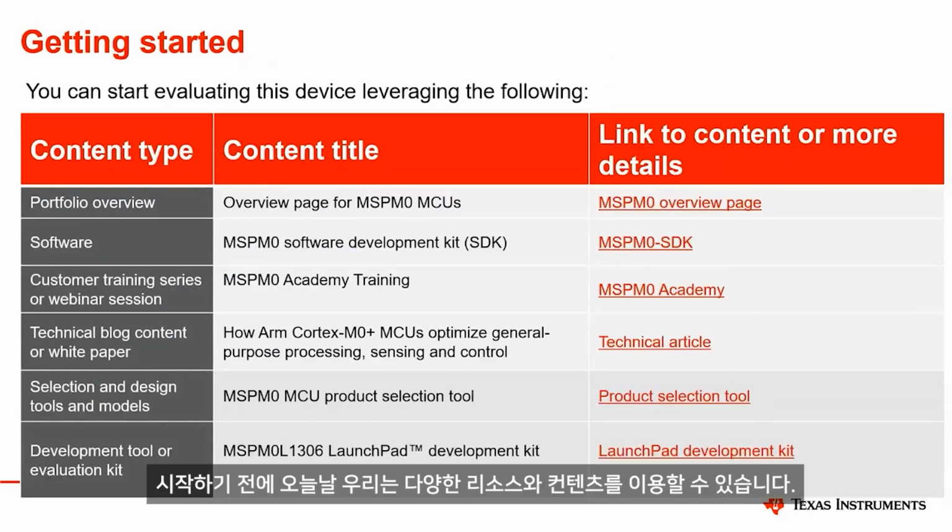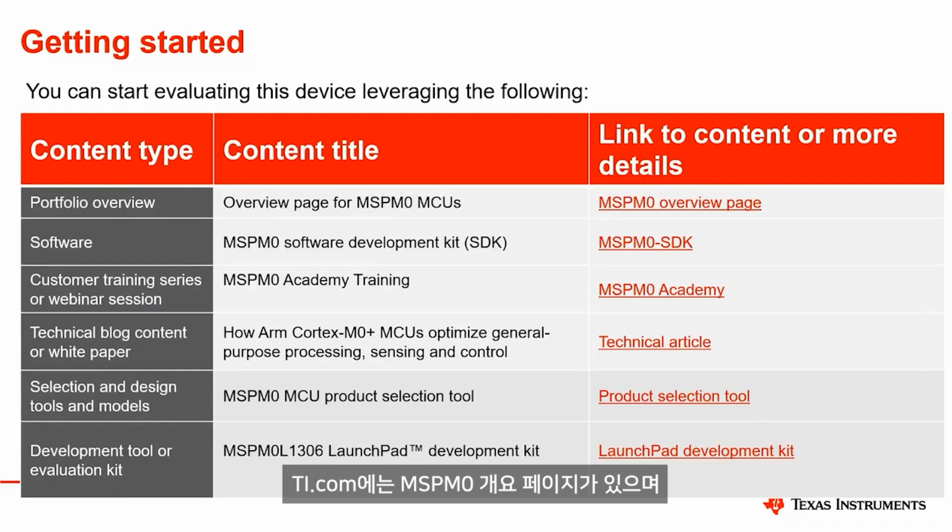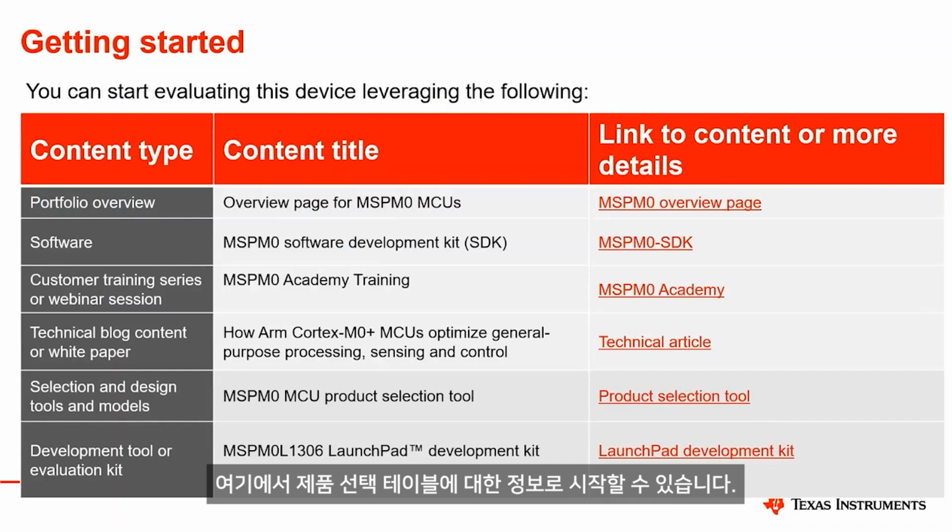So getting started, today we have many different resources and content available. We have our MSPM0 overview page that's live on TI.com, where you can get started with information on the product selection table.